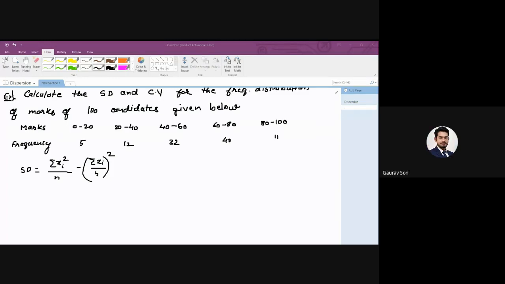Sir, summation fi xi square upon summation fi minus summation fi xi upon summation fi whole square. Exactly.